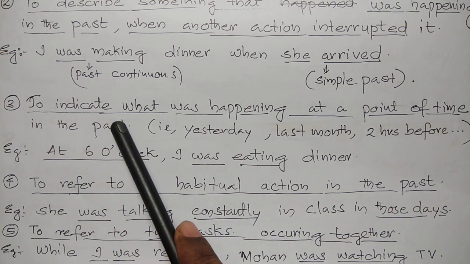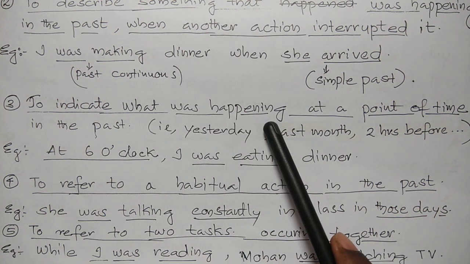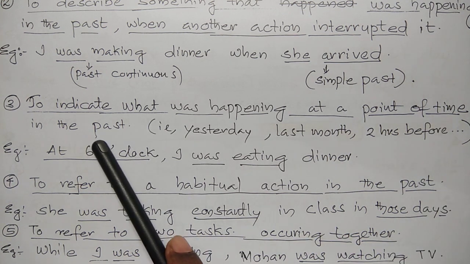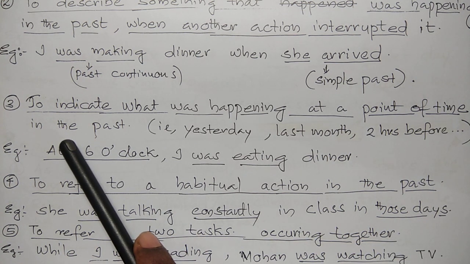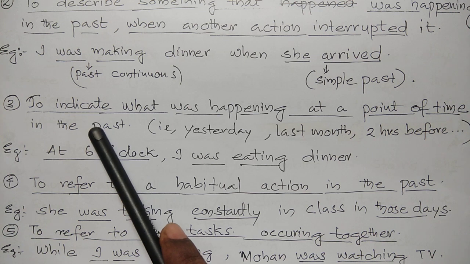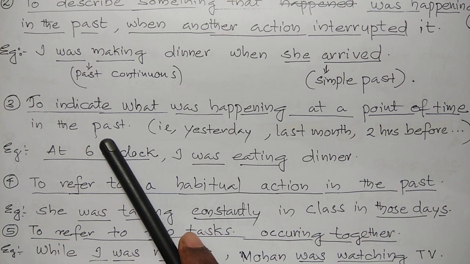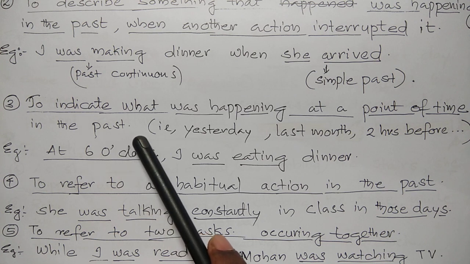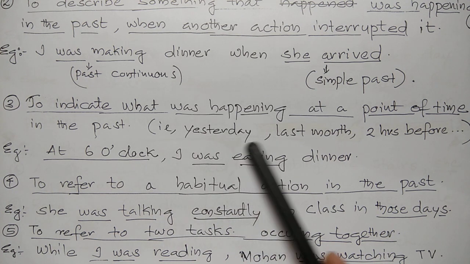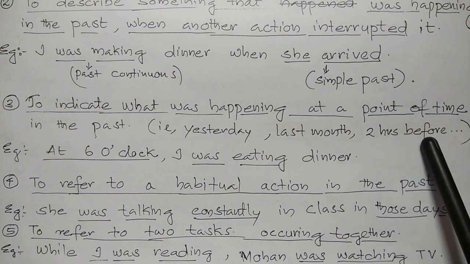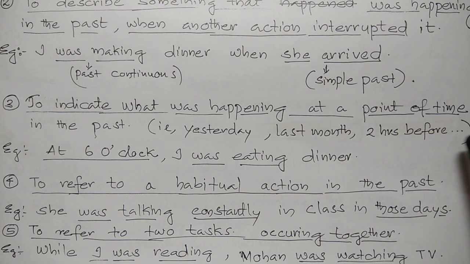Third one, to indicate what was happening at a point of time in the past. These points of time in the past are indicated by yesterday, last month, 2 hours before, etc. See the example.